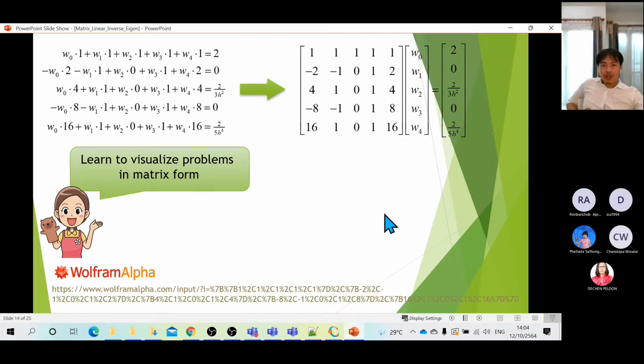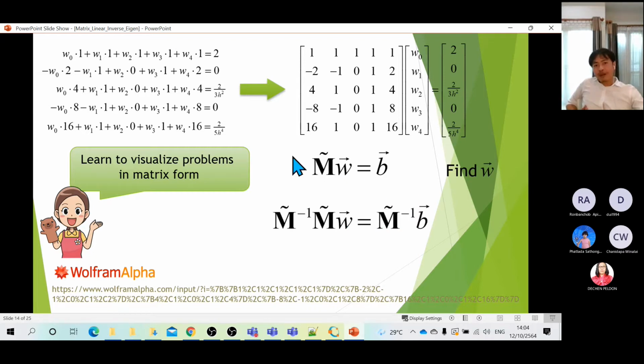Well, we have that linear problem. The M is the matrix, W is the unknown, and B is the constant on the right hand side. Find W. How do we find that? I can multiply the inverse of the M matrix to the left hand side, right there and right there.